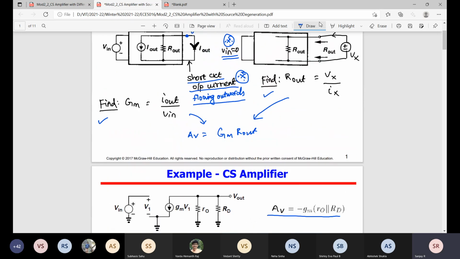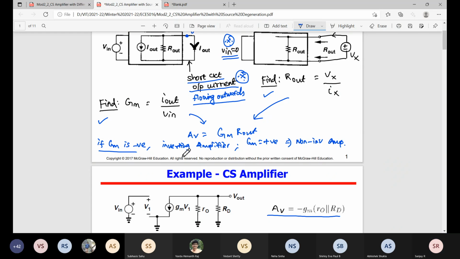So let me write here: if Gm is negative, inverting amplifier; similarly, if Gm is positive, the amplifier is non-inverting.